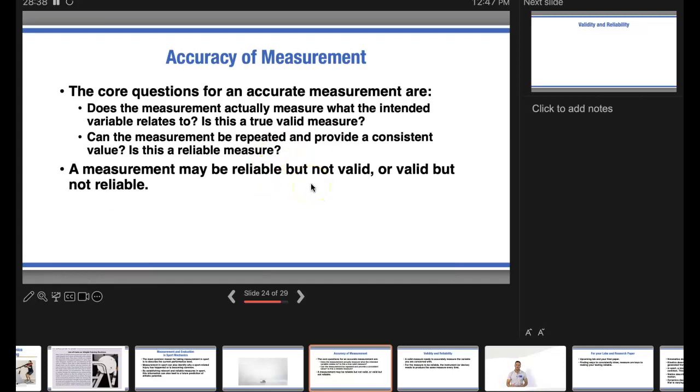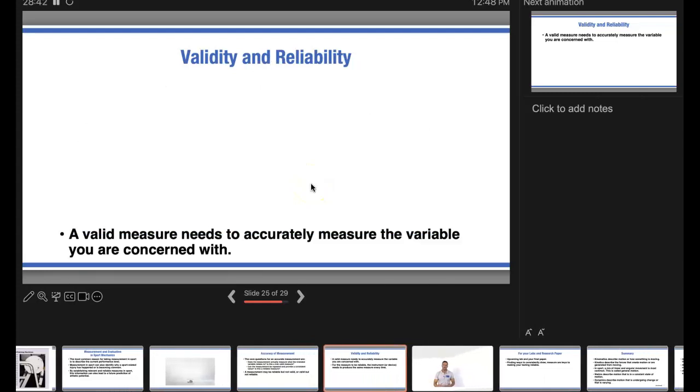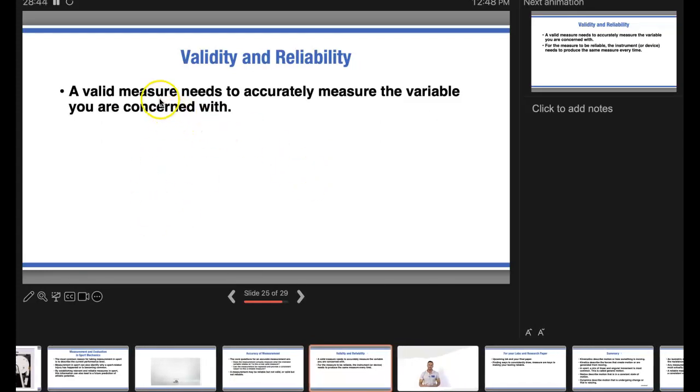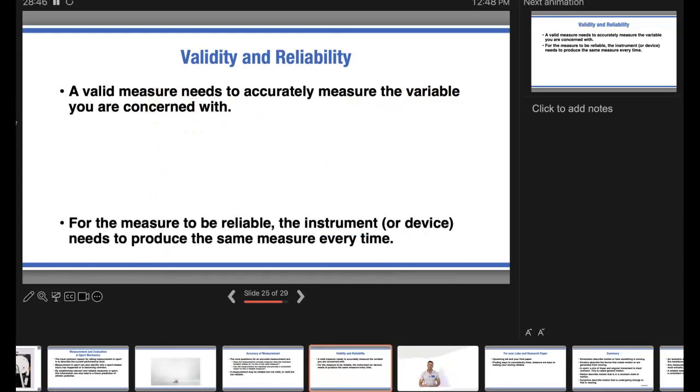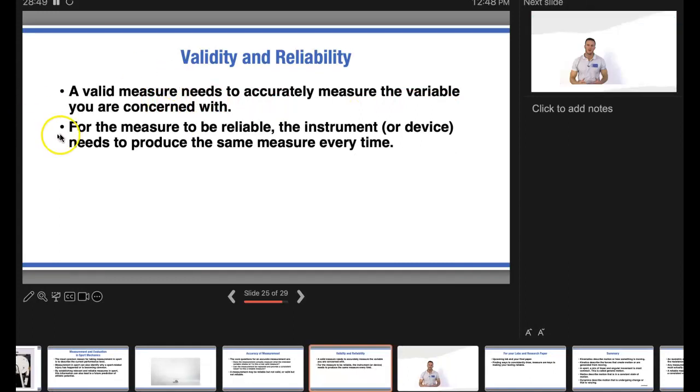A measurement can be reliable but not valid, or valid and not reliable. A valid measure needs to accurately capture the measured variable, and for the measure to be reliable, the instrument or device needs to produce the same measurement every time.